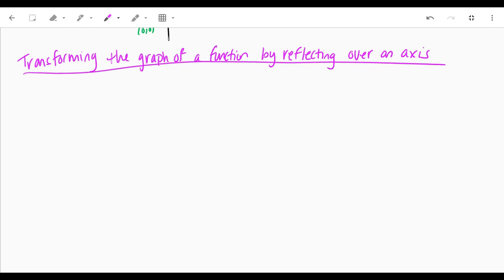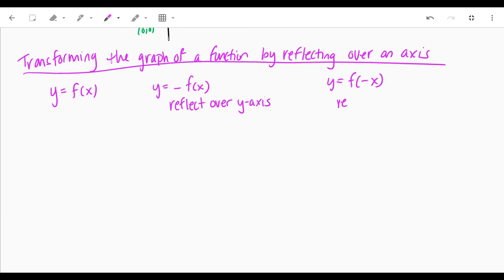So how that's going to work is if you have y equals f of x, and they want you to graph y equals negative f of x, what that's going to do is reflect over the x-axis. And if you have y equals f of negative x, that reflects over, oops, I'm sorry, I mixed that up. That's your x-axis for the first one.